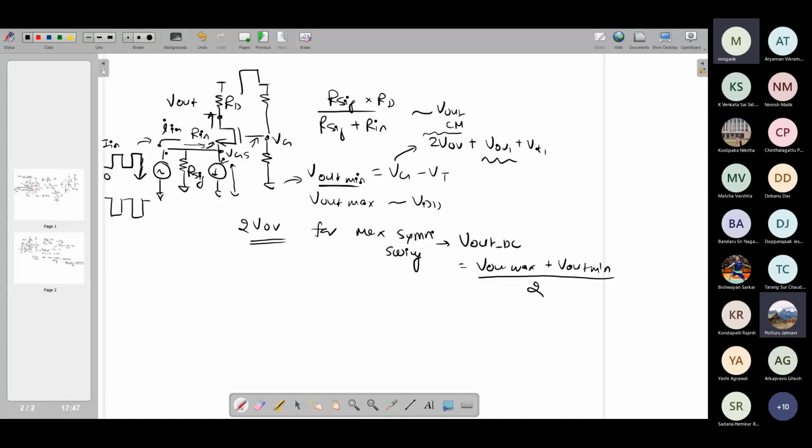The DC condition at the output will be such that I can just keep it close to, or basically just beyond, the edge of saturation, so that when my signal is coming, it is only going to push the voltage at the drain up close to VDD. In that way, I will have the maximum swing. So whether you need maximum symmetric swing or not depends upon the input signal characteristics, right?